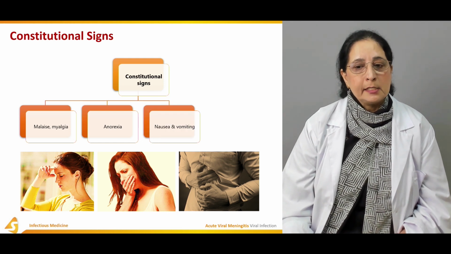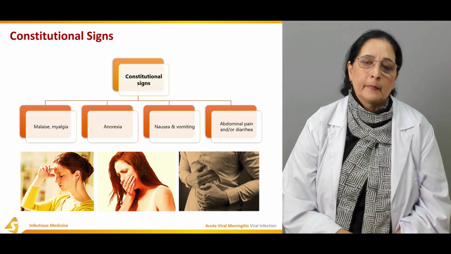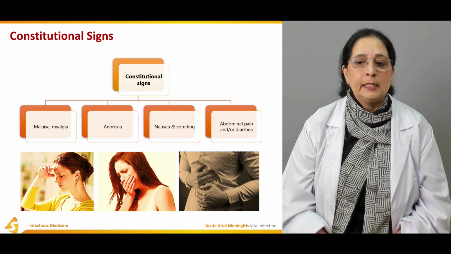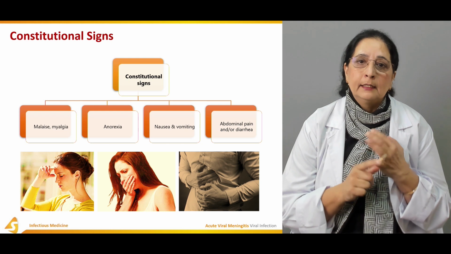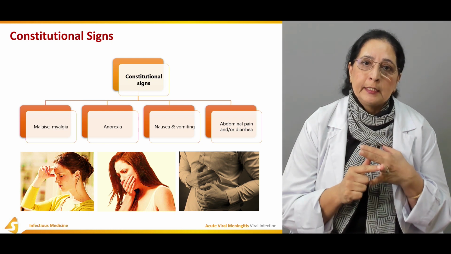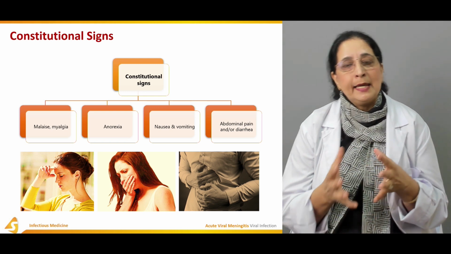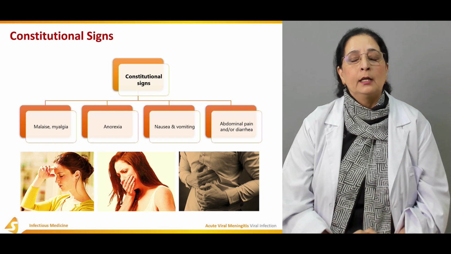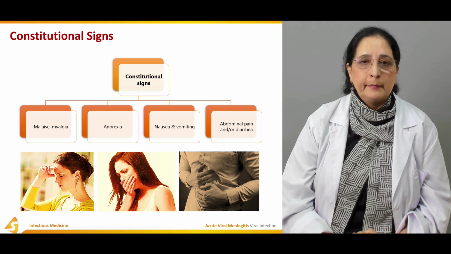Nausea and vomiting are also present, abdominal pain or diarrhea. So these are some constitutional symptoms associated with meningitis. So we have headache, neck rigidity, nausea, vomiting, abdominal pain, then malaise and myalgia. All these are the clinical manifestations of meningitis.